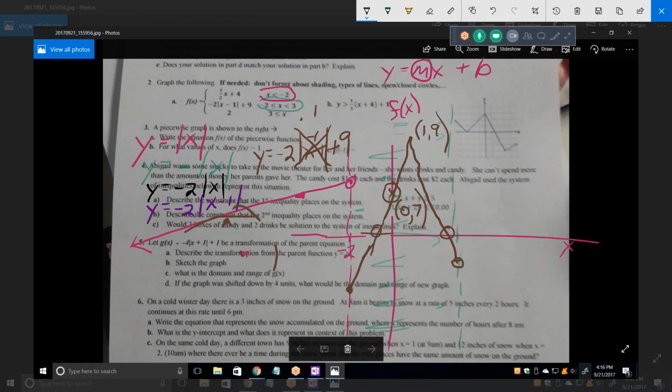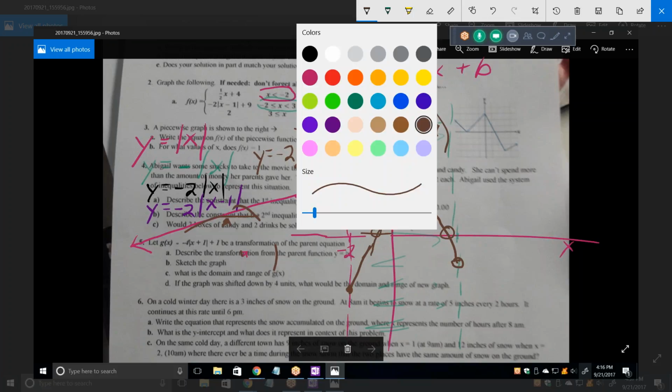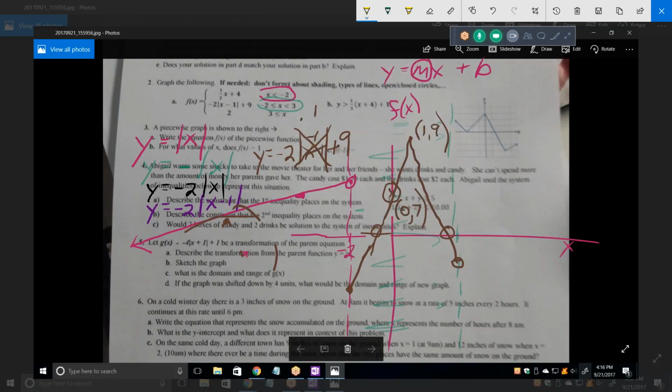So now I'm down to the third piece, which says, what region is this? I hate the way they did this, but this right here, what region is that on my graph? X is greater than or equal to 3.